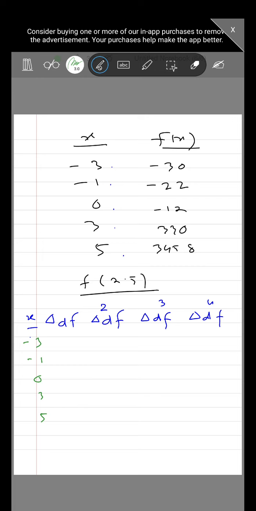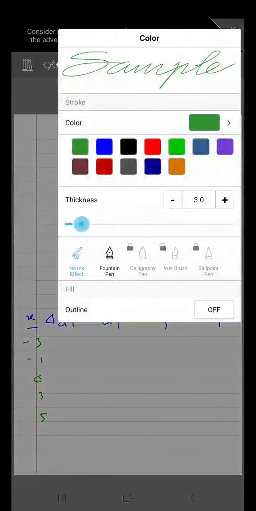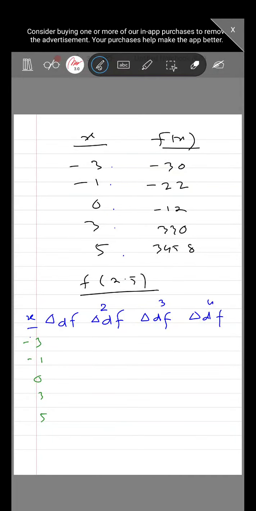So the values that we will get: for the first two values, we get 4. For the next two values, we get 10. For these two, we get 114. And for these two, we get 1564.